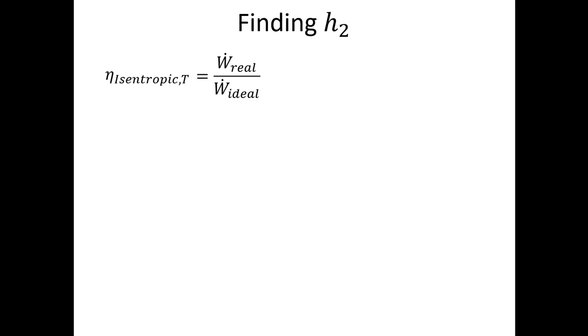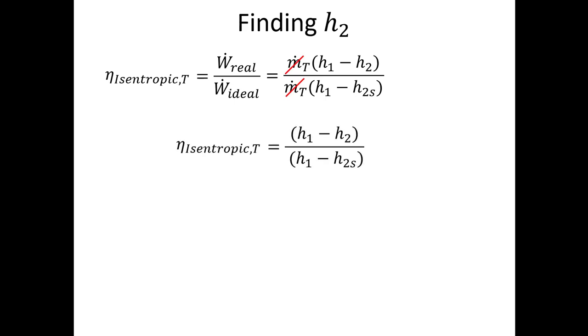and 4. So now I have to try to find H2, and I can do that using the isentropic efficiency of the turbine. We've talked about this already, but the isentropic efficiency for turbines is real power divided by ideal power. When I add in my equations, I get this. Again, my mass flow rates drop out, and I'm left with this equation.